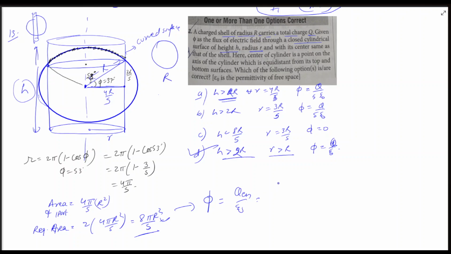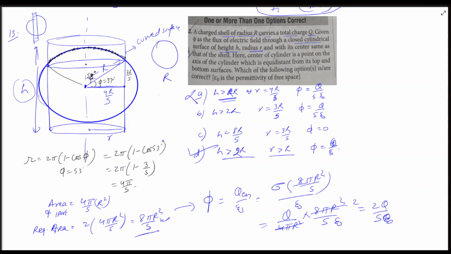So Q will be sigma into this area, 8 pi r square by 5, divided by epsilon naught. Sigma was what? Q upon 4 pi r square, right? Into 8 pi r square by 5 epsilon naught. So it will be 2Q by 5 epsilon naught. No, so this is wrong, right?